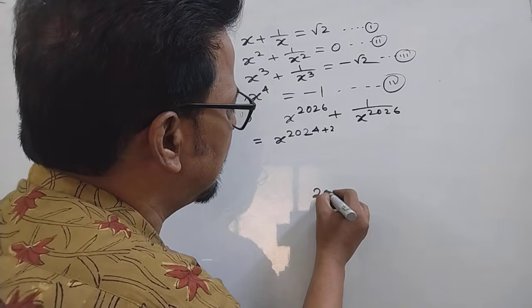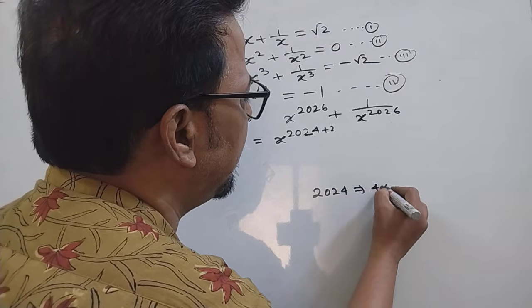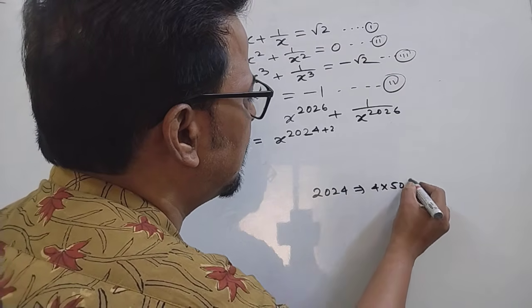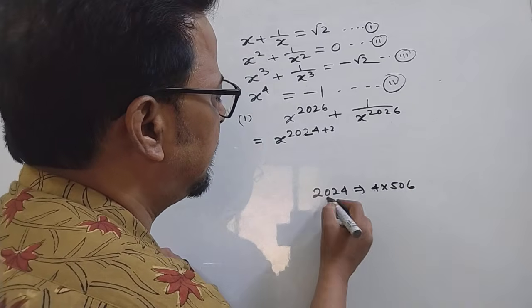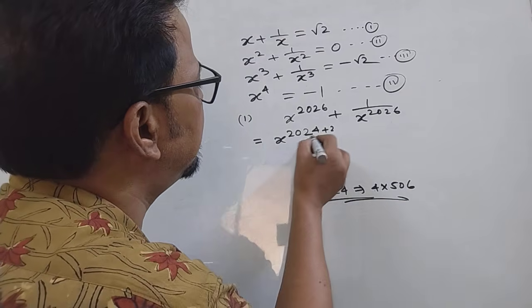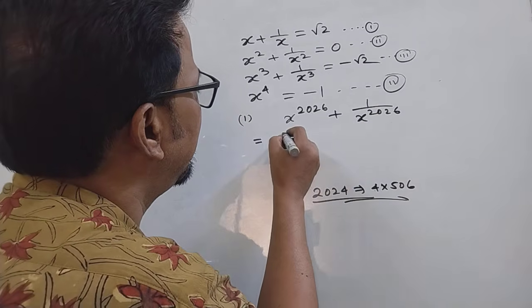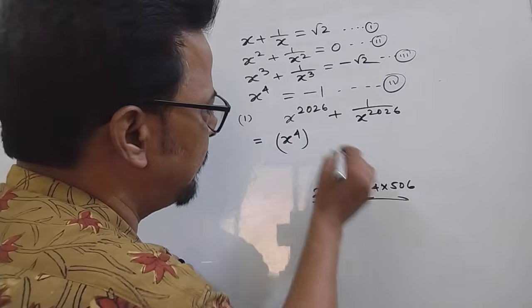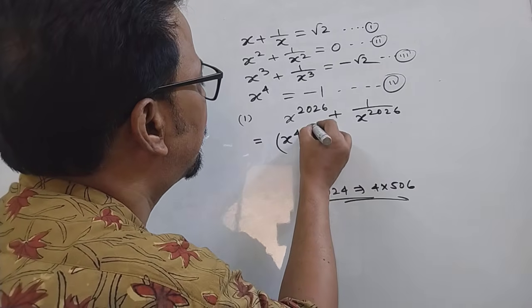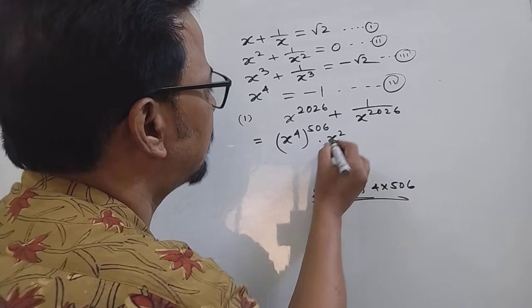This 2024 can be written 4 into 506, that is 2024. So this 2024 directly we can write x to the power 4 whole to the power 506 into x square.